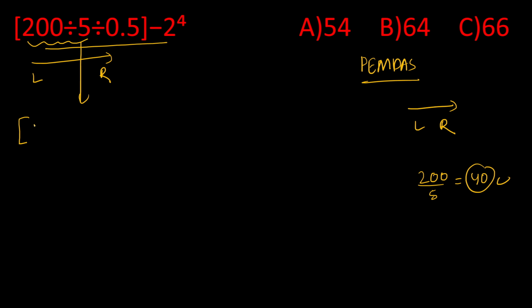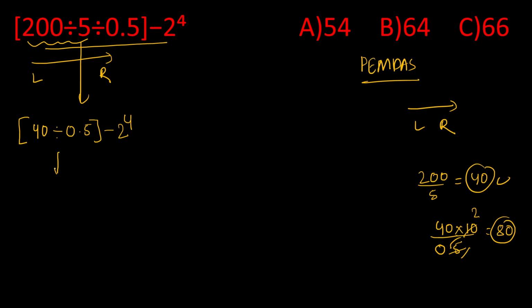So we will write here 40 divided by 0.5 minus 2 raised to 4, like this. Now 40 divided by 0.5, when we remove the decimal, we multiply by 10, and that gives 80.